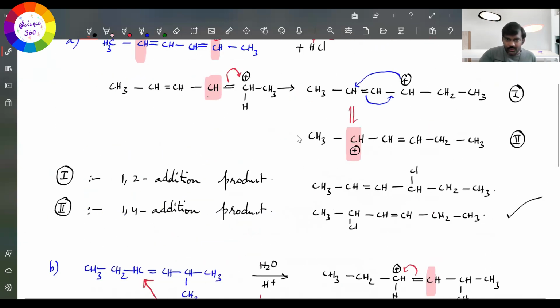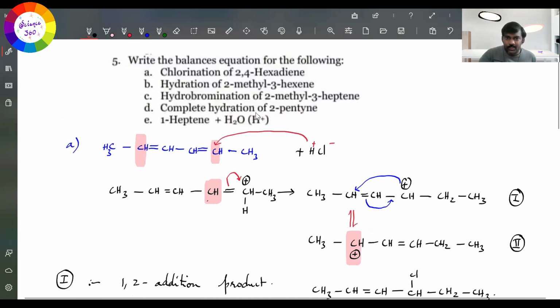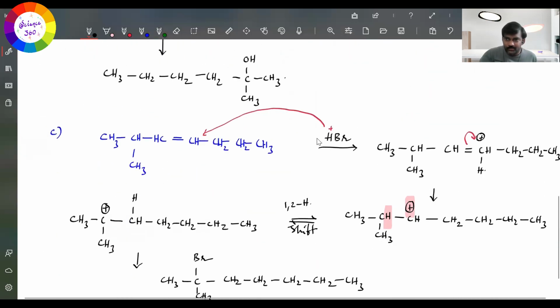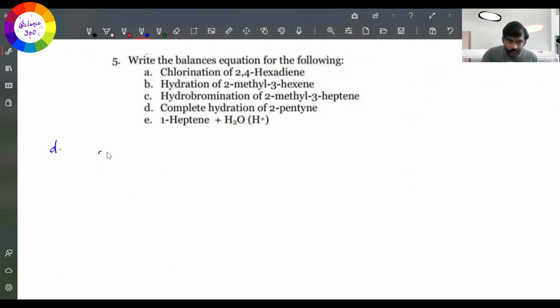So next, the fourth one we'll see: complete hydration of 2-pentyne. First, 2-pentyne I will write. So 1, 2, 3, 4, 5 carbons, the second carbon having the triple bond.